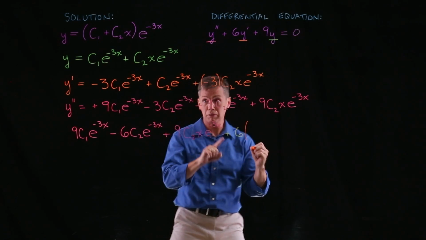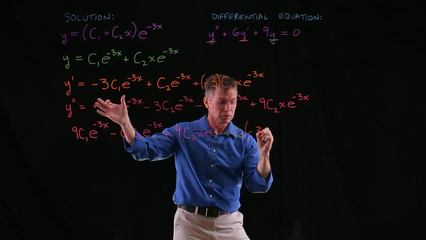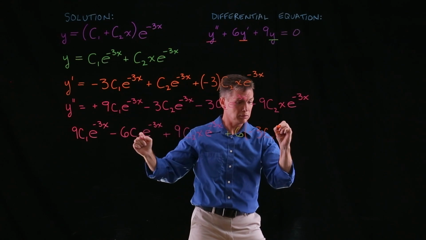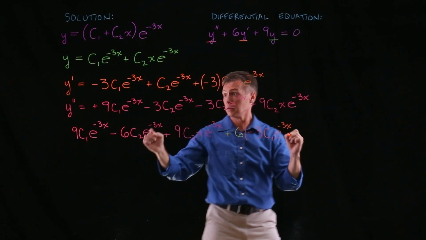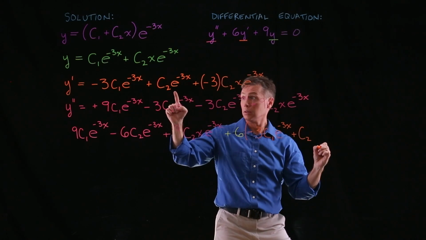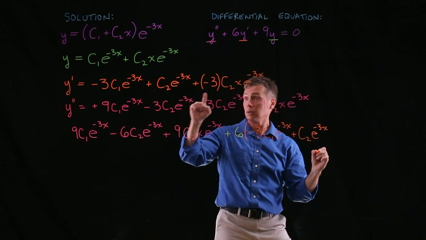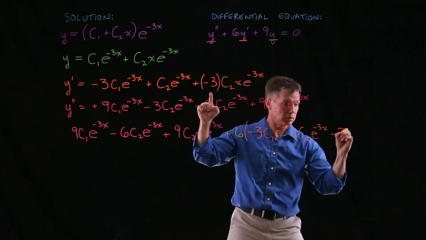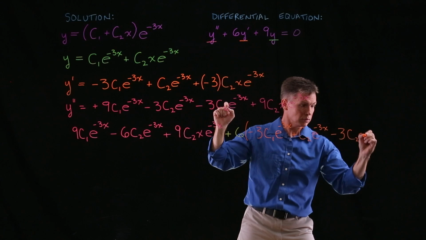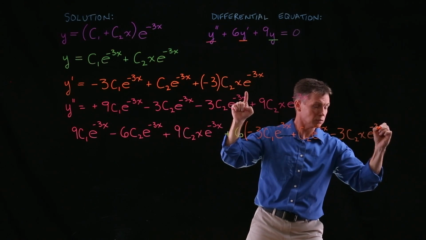So now I'm putting in everything from my first derivative, minus 3C1 e raised to the minus 3x plus C2 e raised to the minus 3x, and then minus 3C2x e raised to the minus 3x.